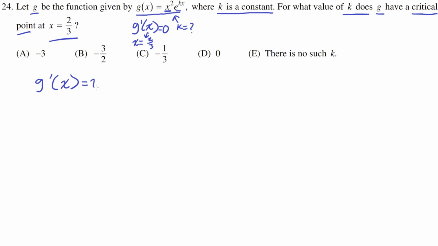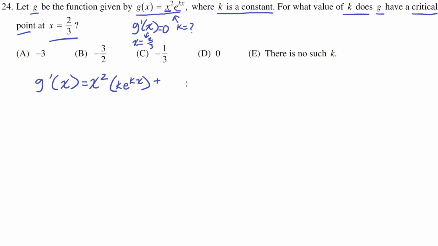We'll multiply x squared with the derivative of e to the kx, which is just k times e to the kx, because the derivative of e raised to some power is that same e raised to that power, but then we have to multiply by the derivative of that power, and the derivative of kx is just k. So k is the chain rule piece.